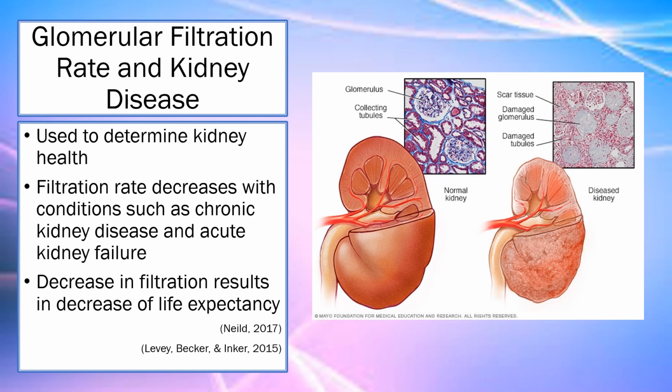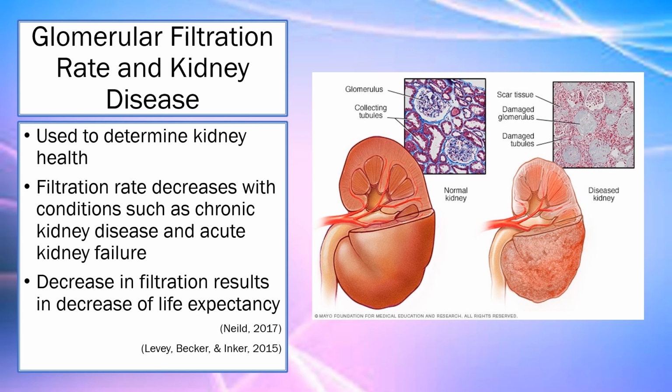There have been studies conducted to determine the relation of filtration rate and life expectancy. For a male individual between the ages of 30 and 34 who have an estimated filtration rate of 60 milliliters per minute per 1.73 meters squared or higher, the life expectancy is estimated to be 45.7 years.